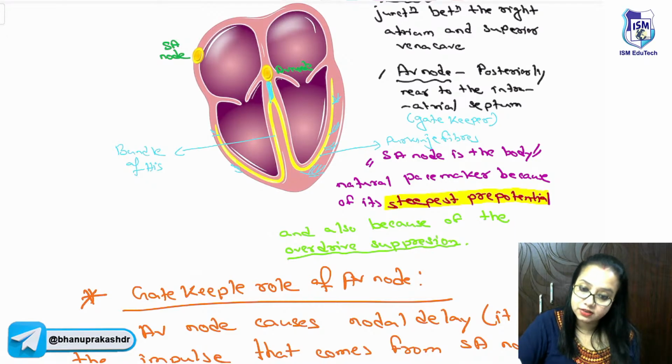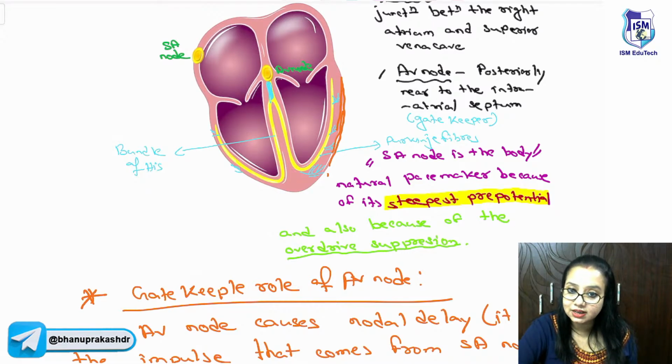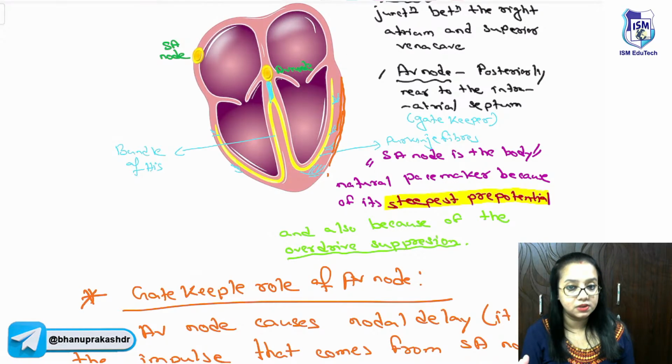Now this bundle of His again bifurcates into thin finer fascicles that I have drawn with a blue pen. That thin fascicle goes up, branching off and going all the way till the posterobasal region of the ventricle. That blue subdivision is the left and the right. On the left side it is called the left, and the right side the right bundle branch, the offsprings that come out from the Purkinje fiber.